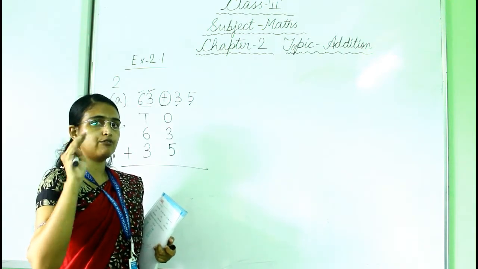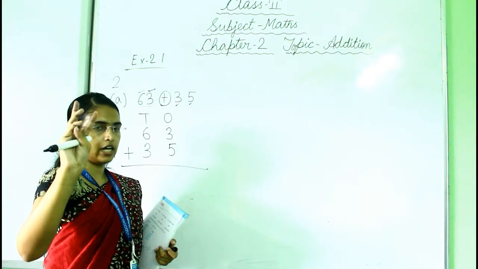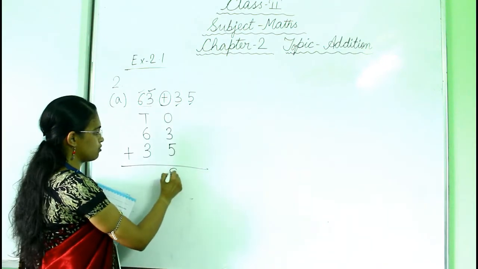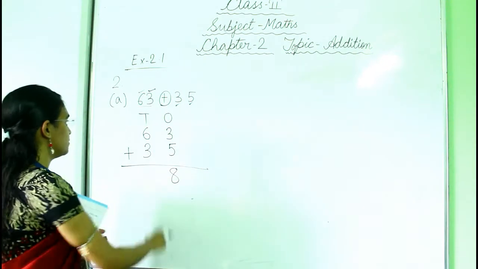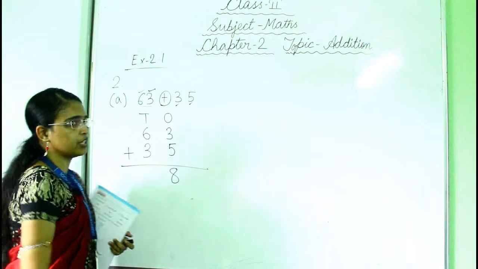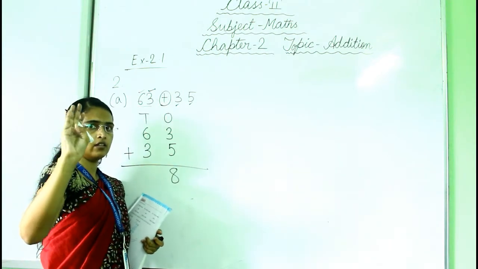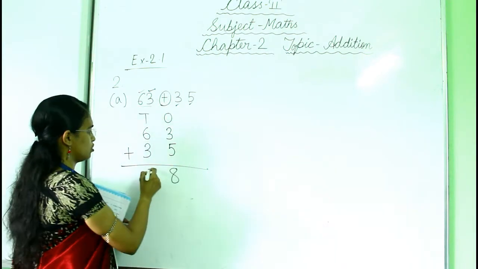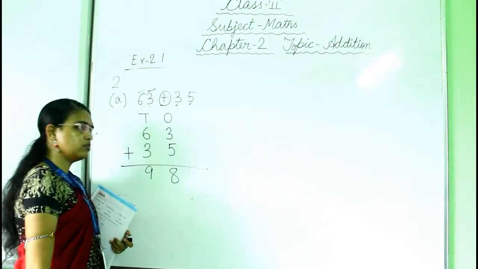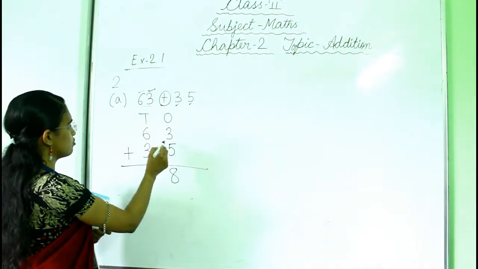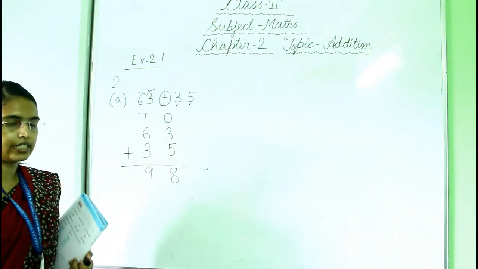That means after 5: 6, 7, 8. So 3 plus 5 equals 8. And 6 plus 3. So we will start counting after 6, that is 7, 8, 9. So 6 plus 3 equals 9. That means 63 plus 35 equals 98.